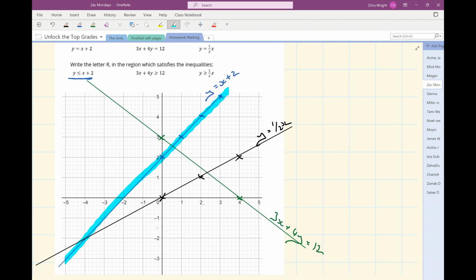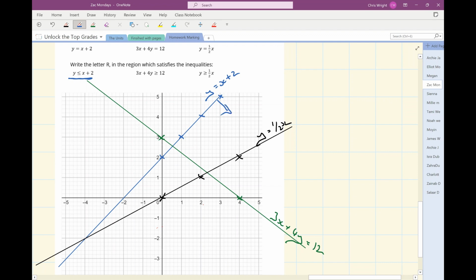Above that line, i.e. above the line over here, that's got quite high y-coordinates. So that'll be the side of the line where y is greater than x plus 2. So I'm going to be interested in the points which are below that line.